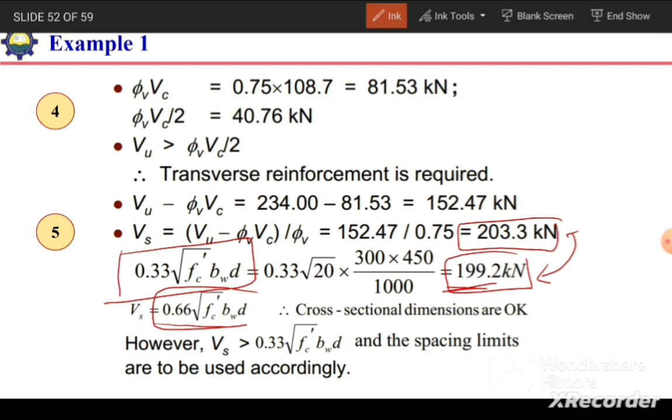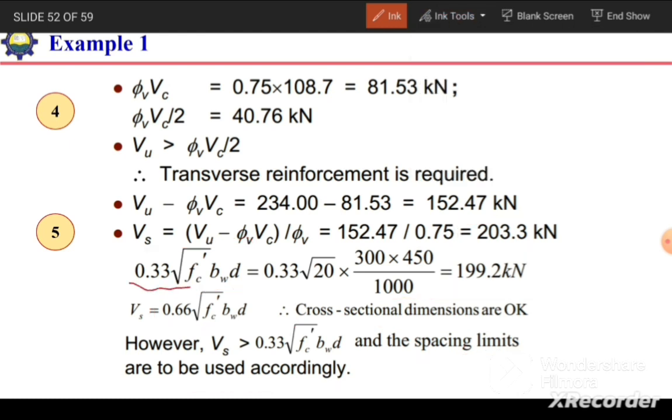So if we consider the upper limit 0.66, in that case we can say that the cross-sectional dimensions of the beam are okay. Or instead of changing the cross-sectional dimension, we can play with the maximum spacing limit of the stirrups, as the Vs is more than this factor 0.33 square root fc prime.